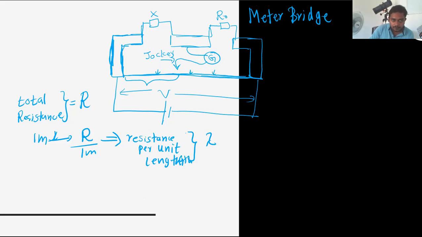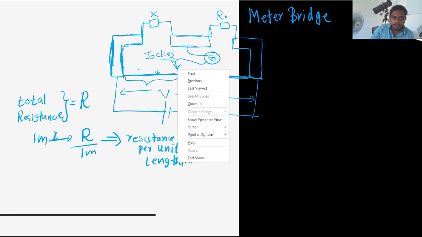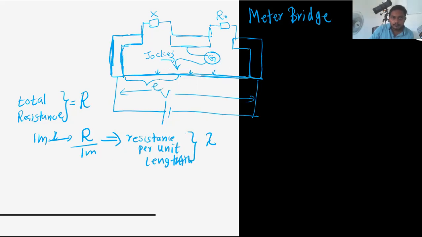Consider when we connect at a place like this, we are getting length L. And this other part is 1 minus L, because the meter bridge wire is 1 meter long. This 1 meter wire has resistance R, or lambda as the resistance per unit length.